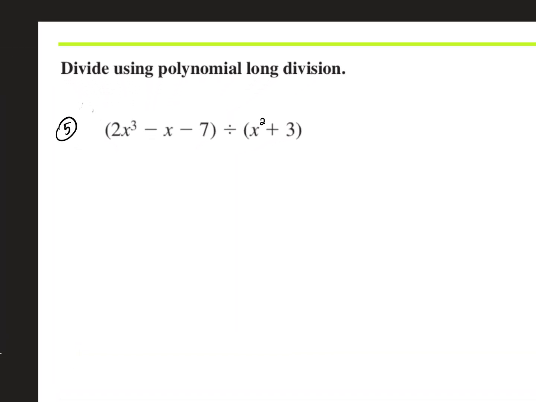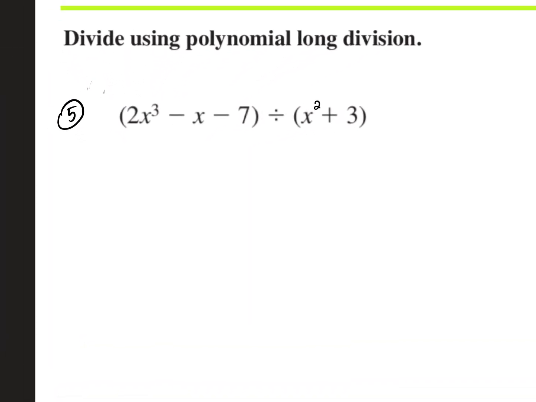All right, so number 5. What's going to go outside the box? X squared plus 3, but am I missing any terms there? And in the first one, I'm also missing an x squared. Perfect. So I need to include both of those as my placeholders.